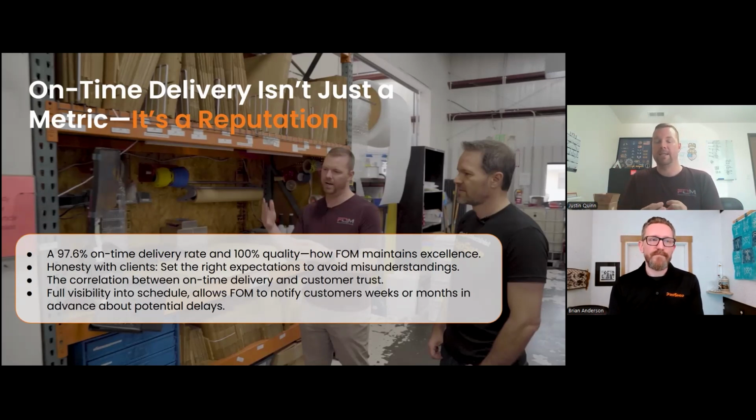Like in the example we gave about the ultrasonic material, we had the checks in the right spot, even though we didn't catch that ultrasonic issue until the very end, we did catch it. Because we caught it, we worked out a solution with the customer and delivered quality parts to them. So it didn't ding our quality rating because we had the process in place. We did all the things they asked for.